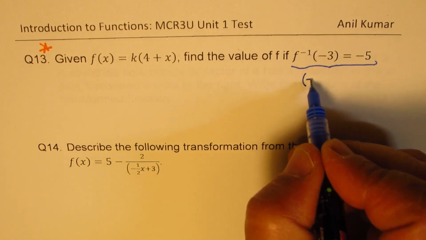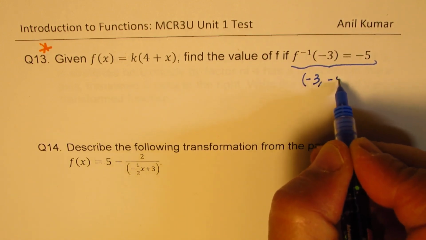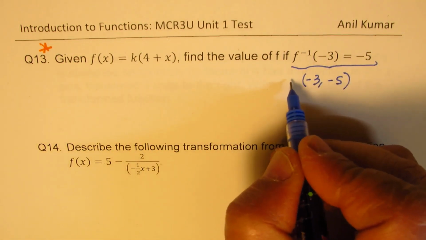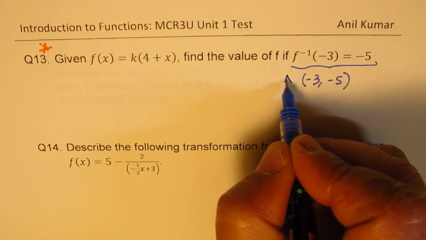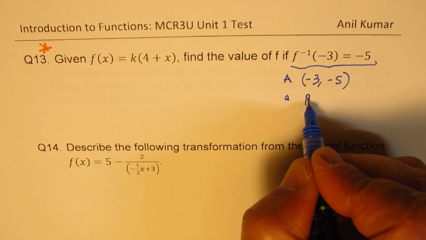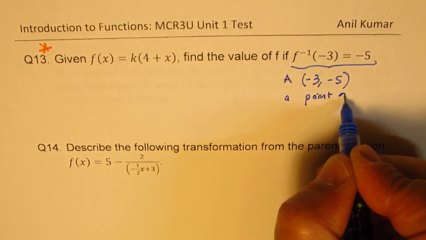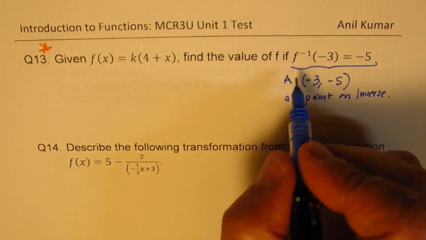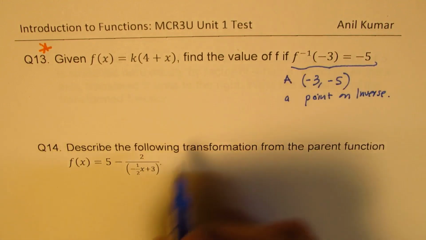On the inverse, we have the point minus 3, minus 5. Let's call this point A, a point on the inverse function.